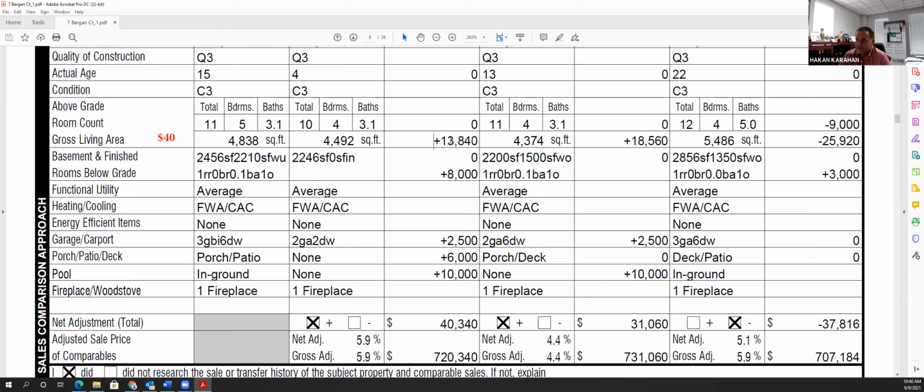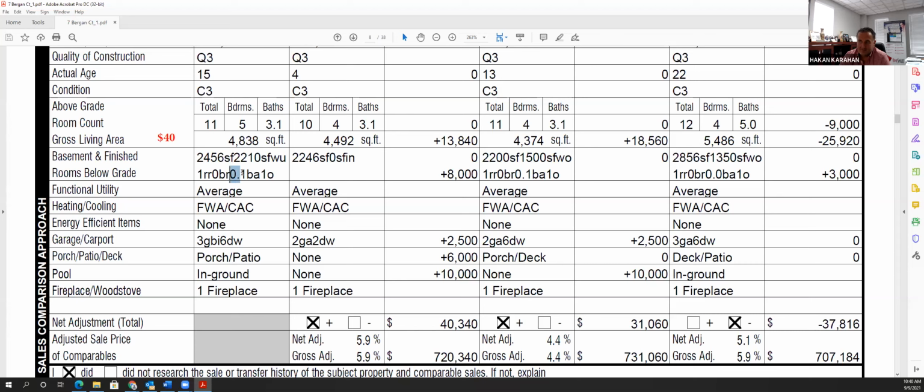So as you can see, the adjustments on the square footage. Now in here, basement, the first part is 2,456 square feet. And finished rooms, so 2,210 square feet was finished.